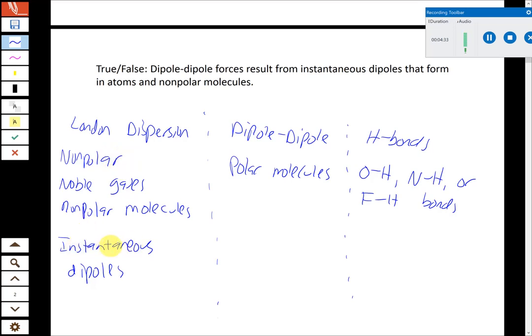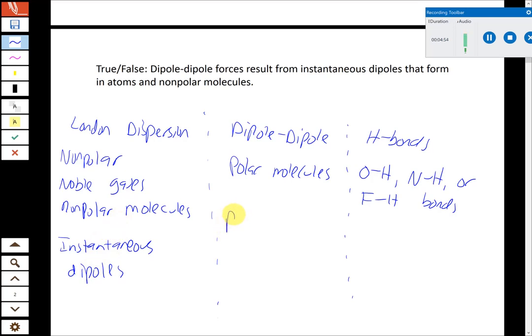Instead, you get an instantaneous dipole, where for a very short period of time the electron distribution distorts, it's no longer symmetric, and you create a small dipole that's going to interact with other nearby dipoles and influence them. So London dispersion forces involve instantaneous dipole interactions.